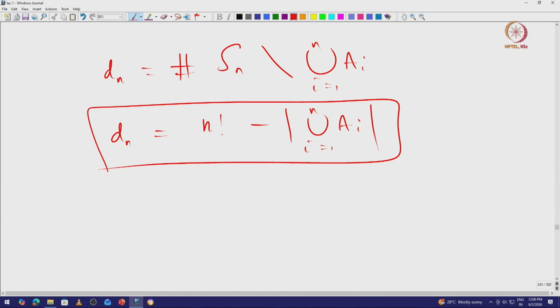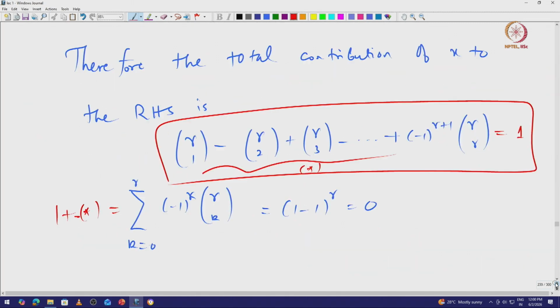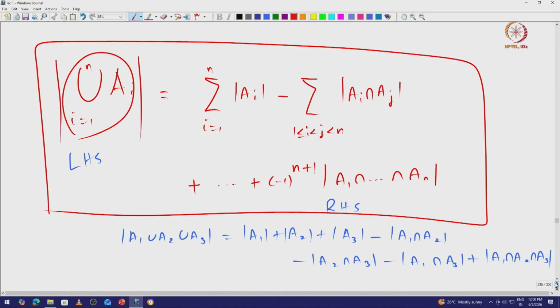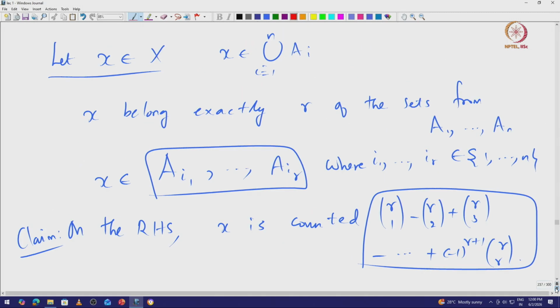If we go back to the formula, to count this union, we need to look at the intersections and see what the cardinality of the intersections will be.